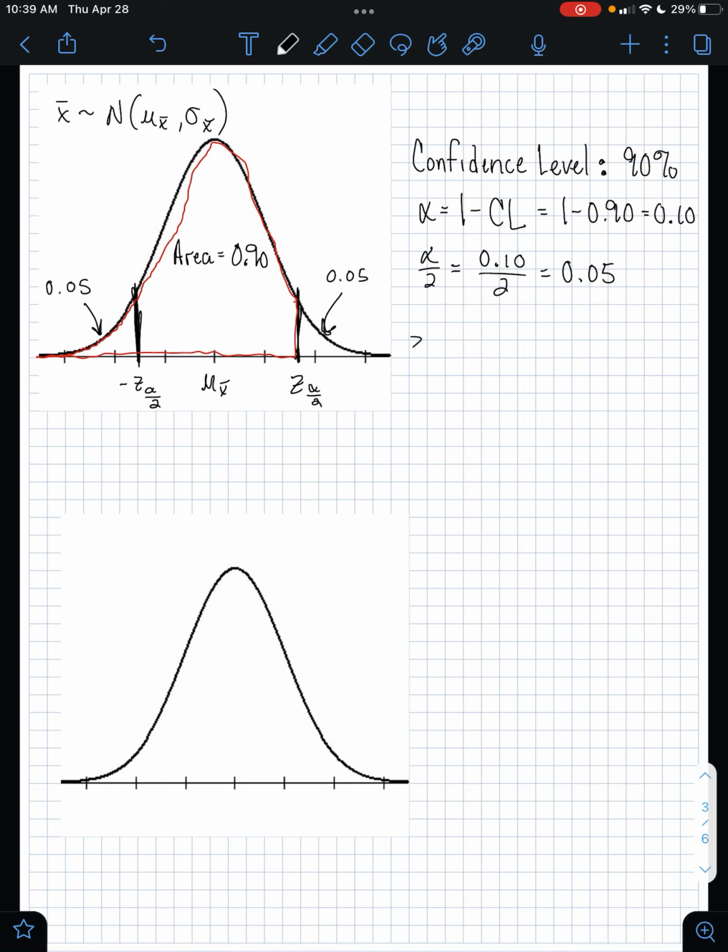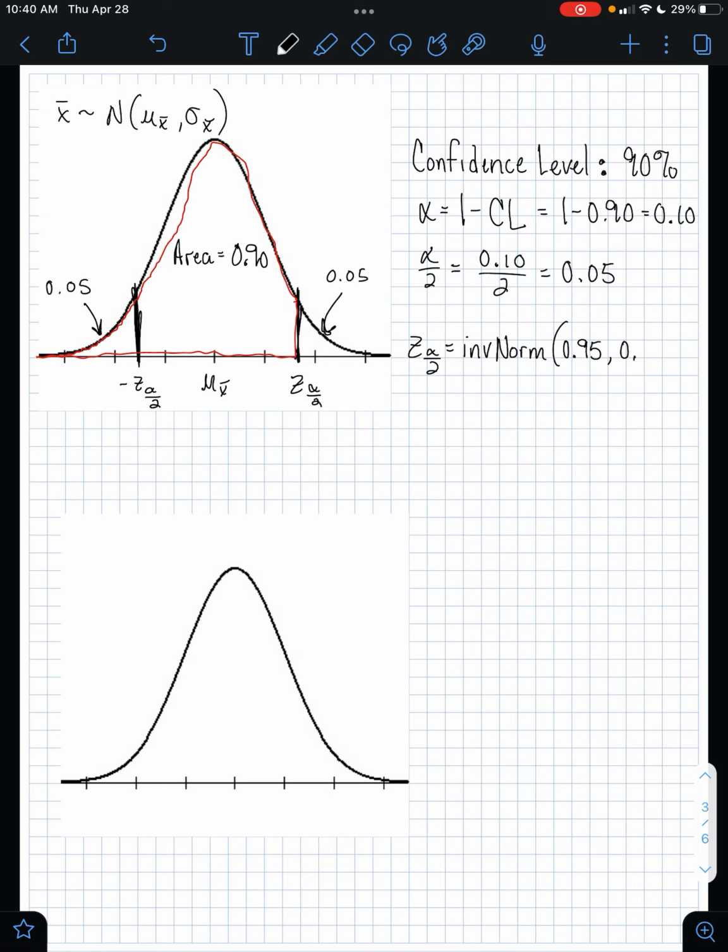So if we need z sub alpha over 2, we're going to need to do the inverse norm command on the calculator, or the equivalent command in Excel, or again, if you're using the normal probability tables, it's all going to be based on the idea that we now have 0.95 area to the left.